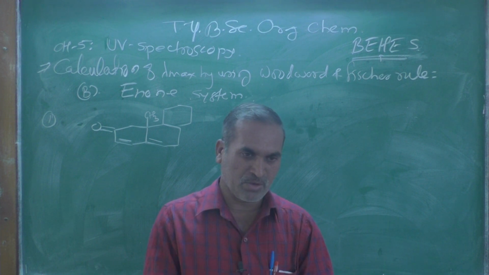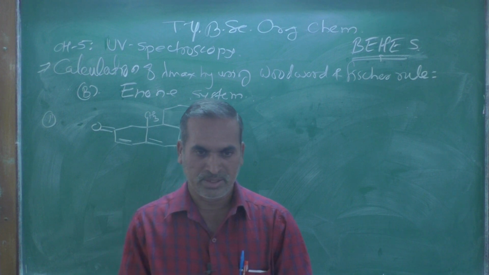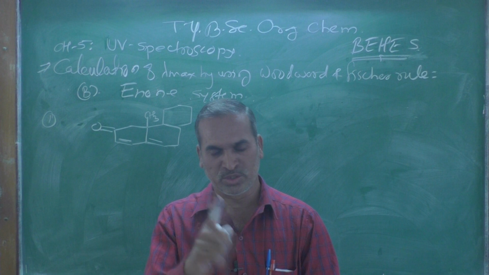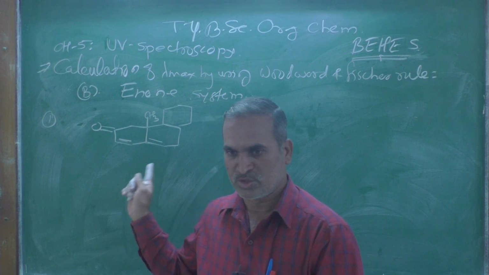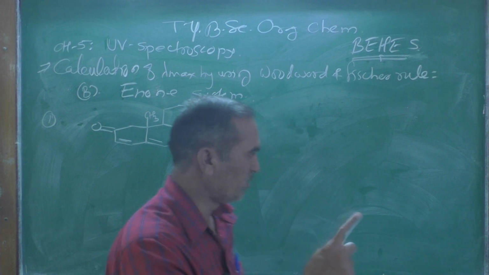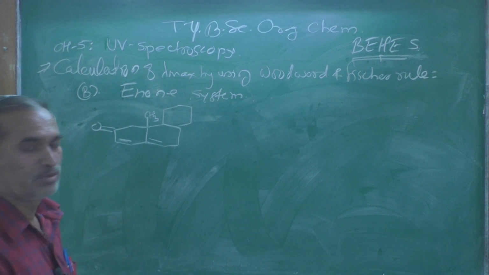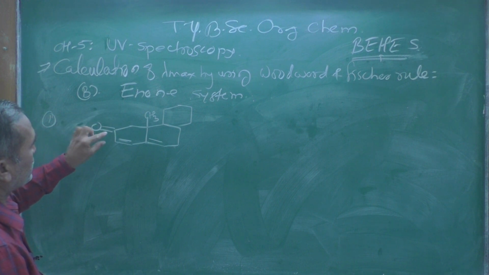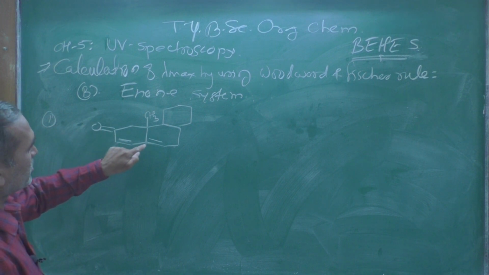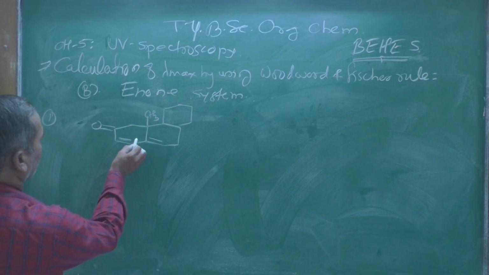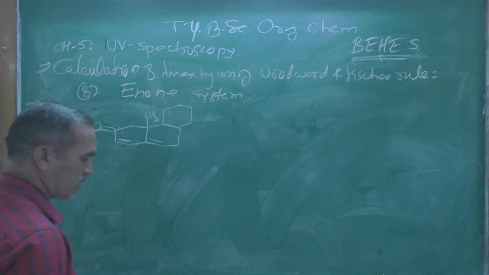If there is a carbonyl group, always remember it must be an enone system. At first glance you will observe there is a carbonyl group, and that carbonyl group is present in conjugation: single bond, double bond, single bond, double bond. You can mark it like this.